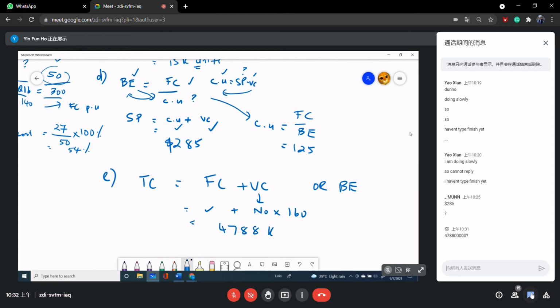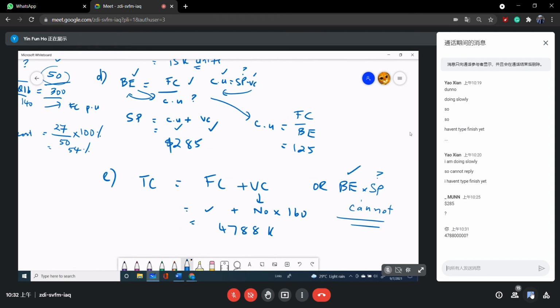No. So cannot. Because I thought I can use selling price, but this one not given. I thought I would be using this one. But this one have, this one don't have, so cannot. But if given, then can. Then you use this way.